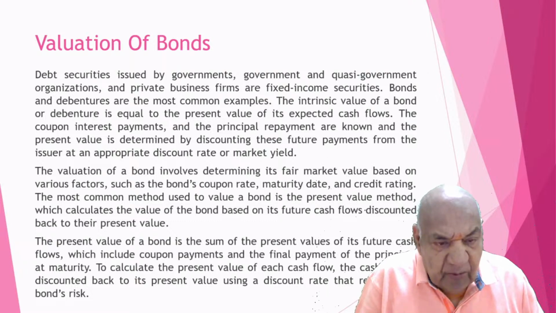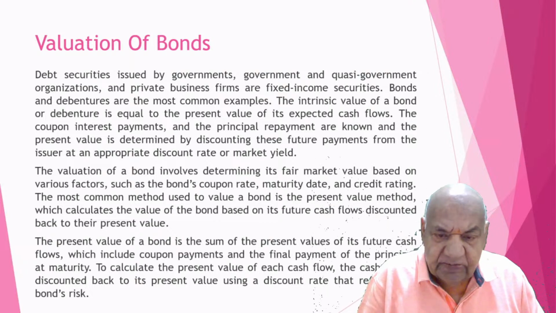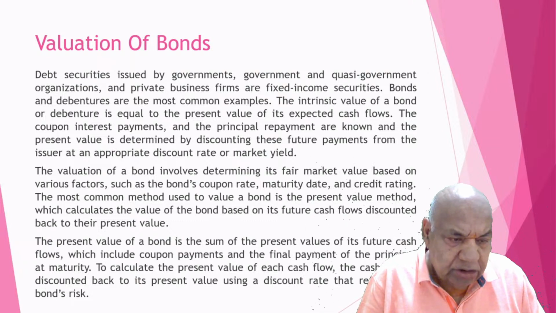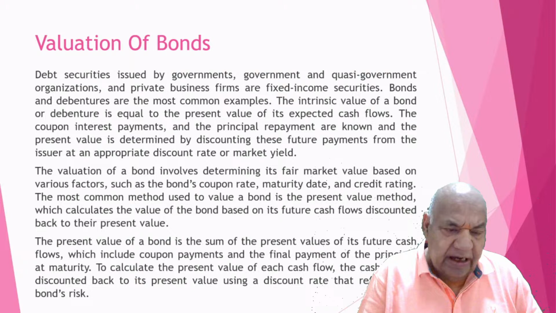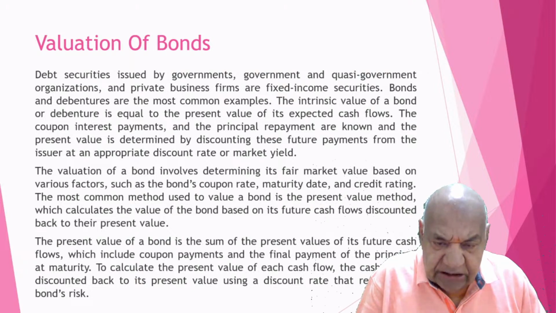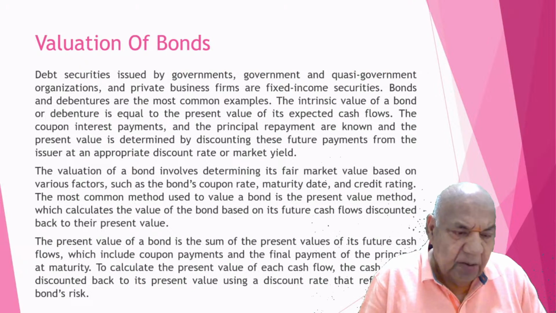The valuation of a bond involves determining its fair market value based on various factors, such as the bond's coupon rate, maturity date, and credit rating. The most common method used to value a bond is the present value method, which calculates the value of the bond based on its future cash flows discounted back to their present value.